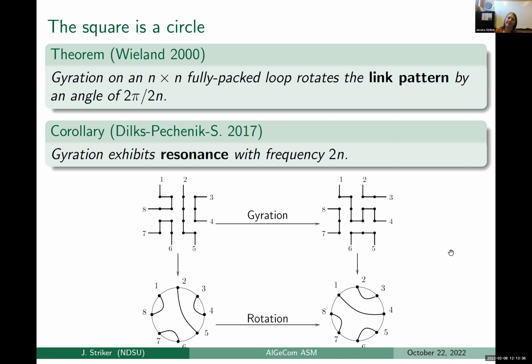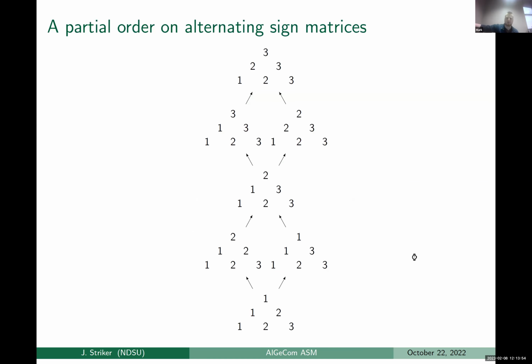And so we said that gyration exhibits resonance with frequency 2n because 2n is what the thing on the bottom gets rotated by, even if gyration up here can have unpredictable orbit sizes and order.